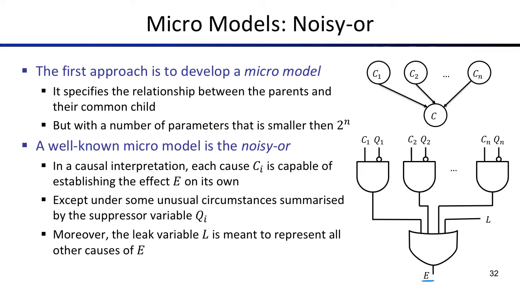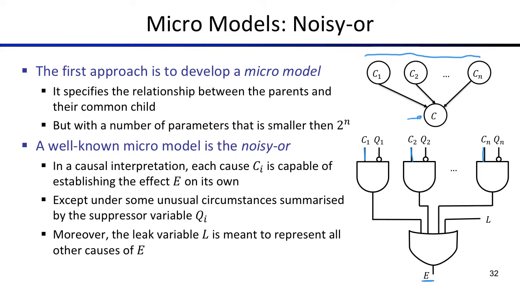And we have several possible causes that we call C1, C2, until Cn. So the causes are my parent nodes here on the top, and the effect is my node variable. And we assume that this n is large, so we need to make an approximation in order not to have this exponential size conditional table inside the node E.